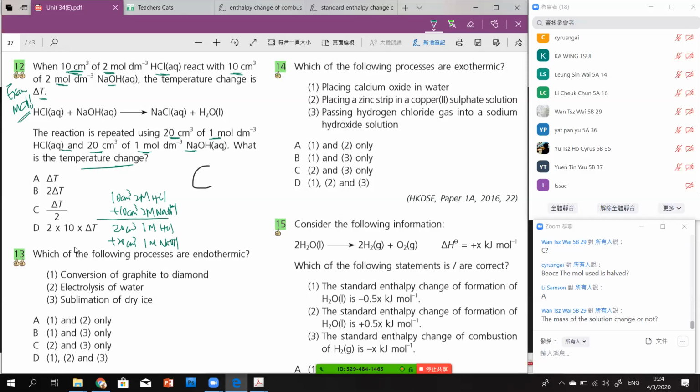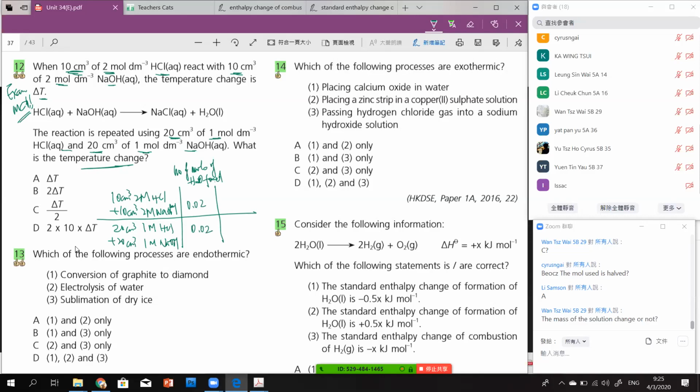Can you get the point? We have two cases. So what is the number of moles of water formed? It is 0.02. The same, right?